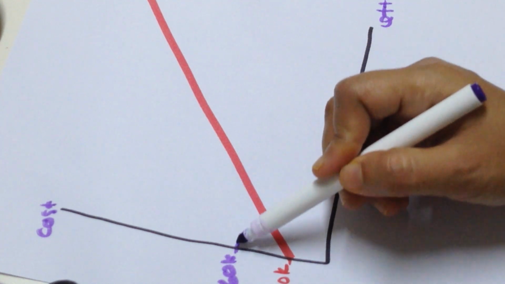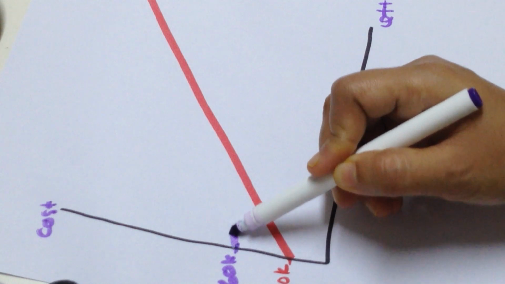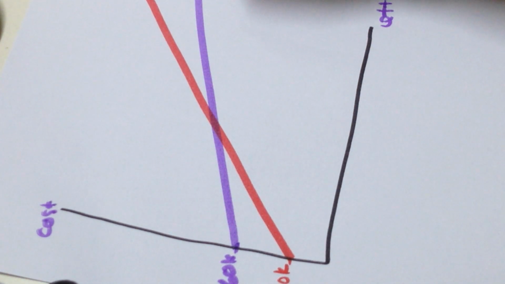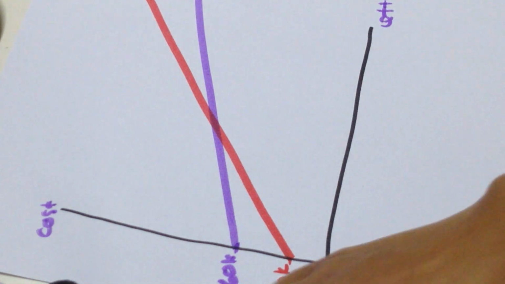We just plot the graph. The intersection is between B and A.